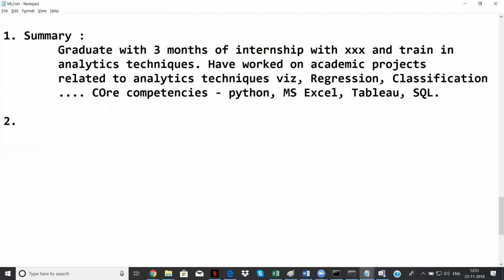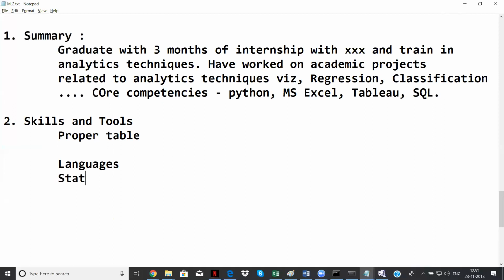Second is skills and tools. Here I want a proper table. One side you will have your tools, like languages known, what are the stats techniques that you know, what are the tools that you work with, right?